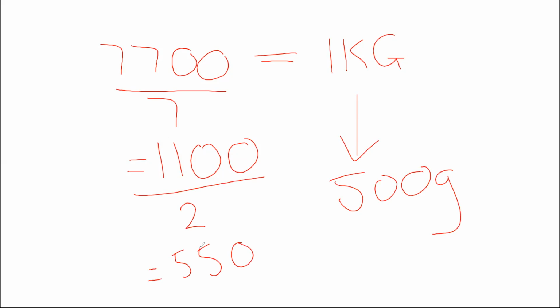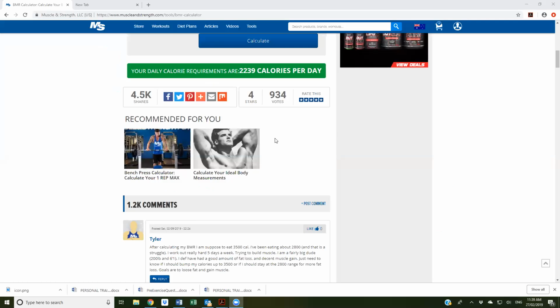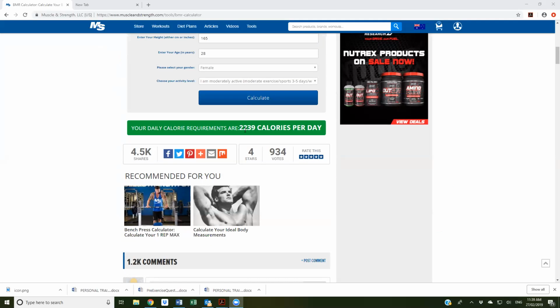So if you were to reduce your BMR by 550 calories per day, which is, of course, this number back here, I'll go back onto the screen. If we were to reduce this number by 550 calories per day over the course of 7 days, in theory, you should be losing roughly about 500 grams per week.